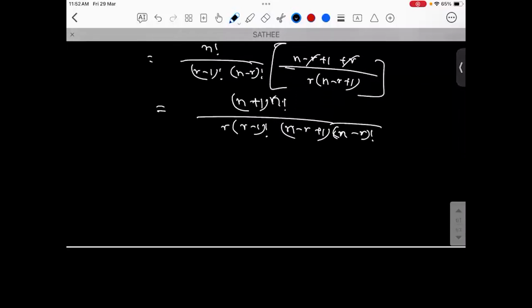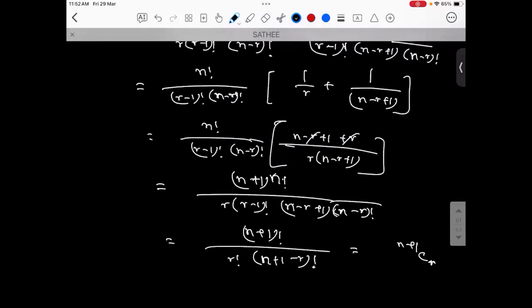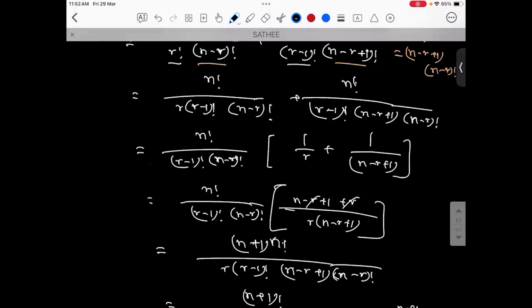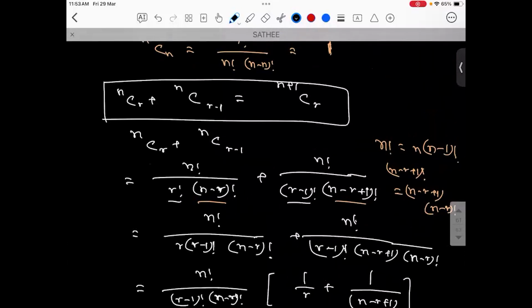So this will give us (n plus 1) factorial divided by r factorial into (n plus 1 minus r) factorial, which is nothing but (n plus 1)Cr. So just by simple calculation, we have obtained this result.